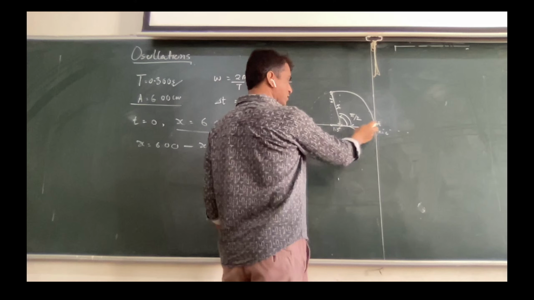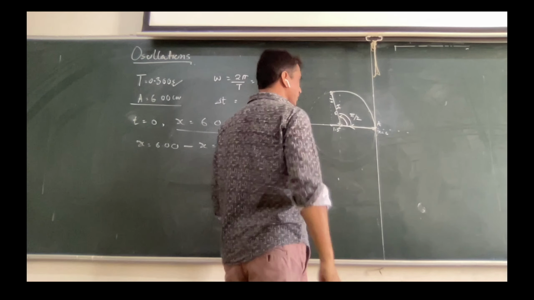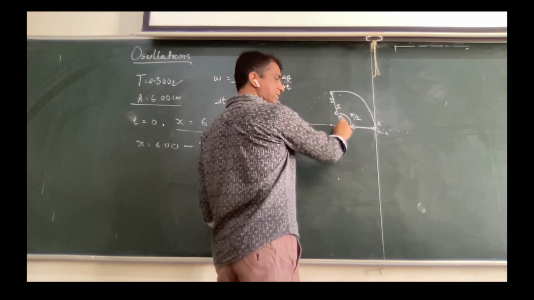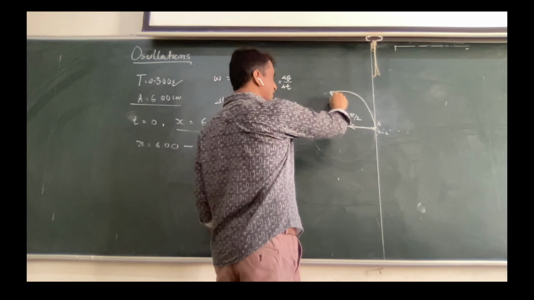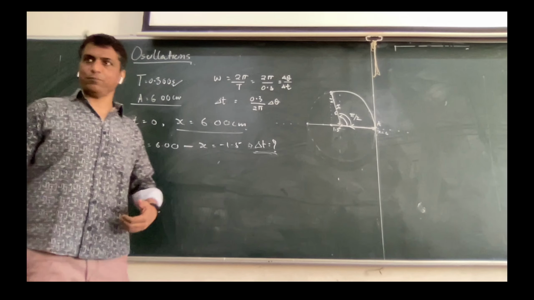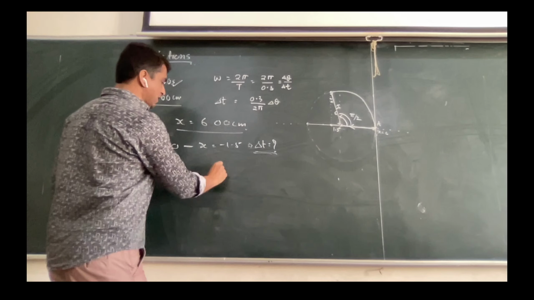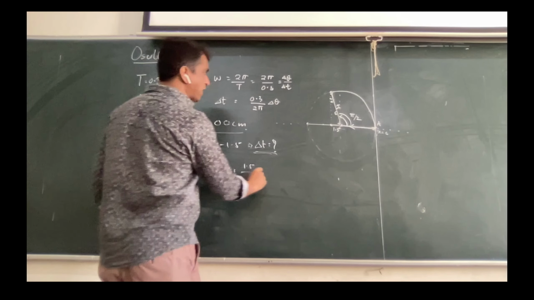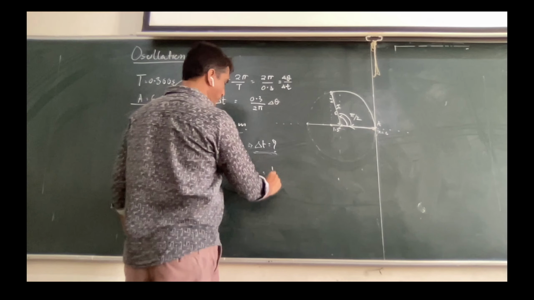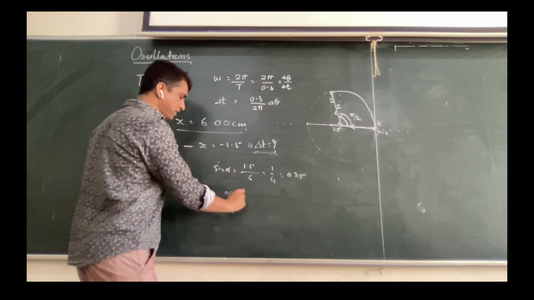Amplitude is 6, so you take the amplitude and draw the circle. So if I know this, I can use opposite side: sine alpha is side opposite 1.5 upon 6, which is 1 upon 4, which is 0.25. So that can give me alpha, right?